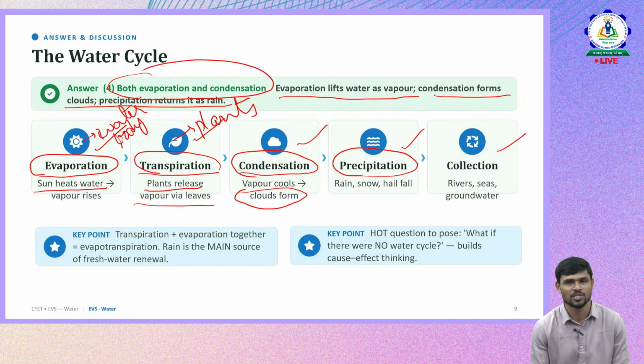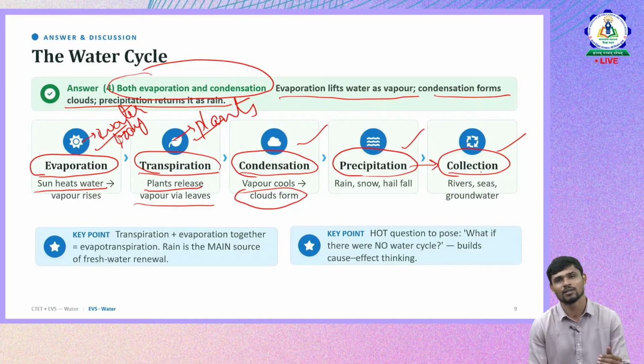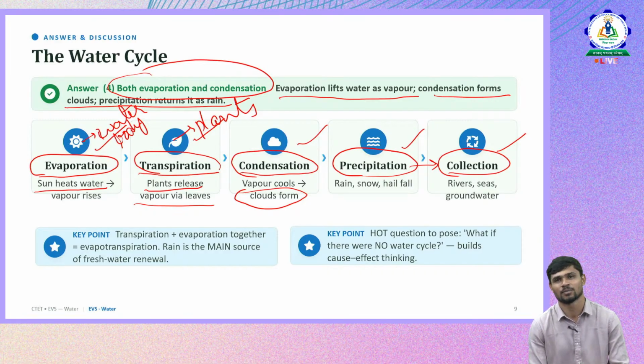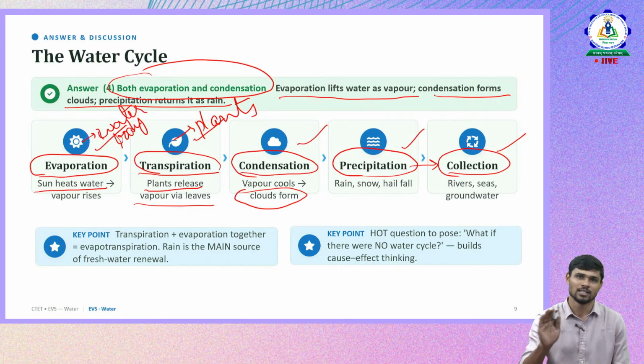Okay, so when rain comes, it is collected in the water bodies. It just moves to the water bodies, or it just stays wherever it falls. So it is getting collected on the Earth's surface. These are the few steps that take place in a cyclic manner in the water cycle, and this is how water circulates throughout these steps.